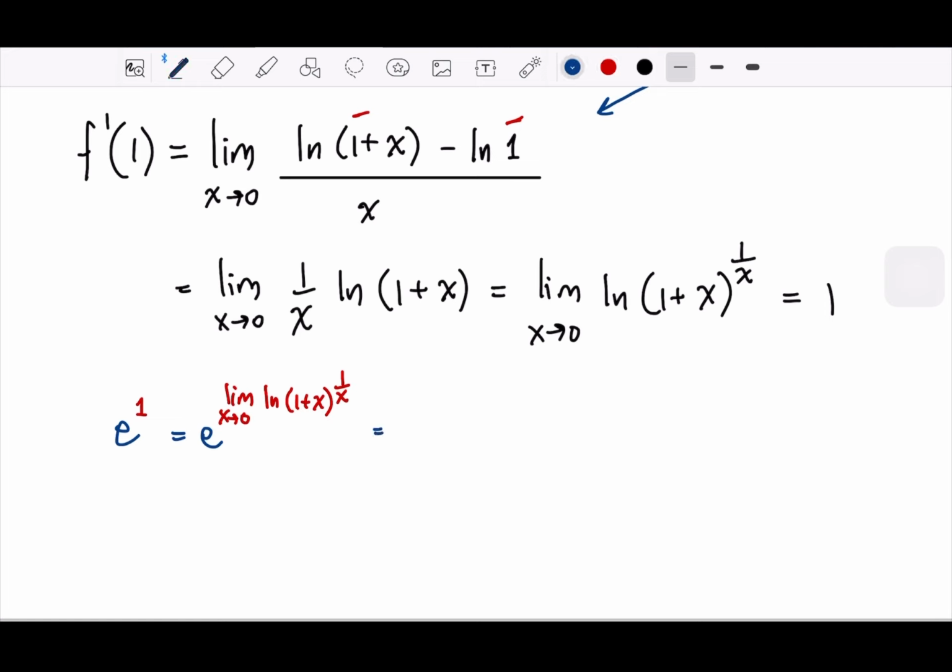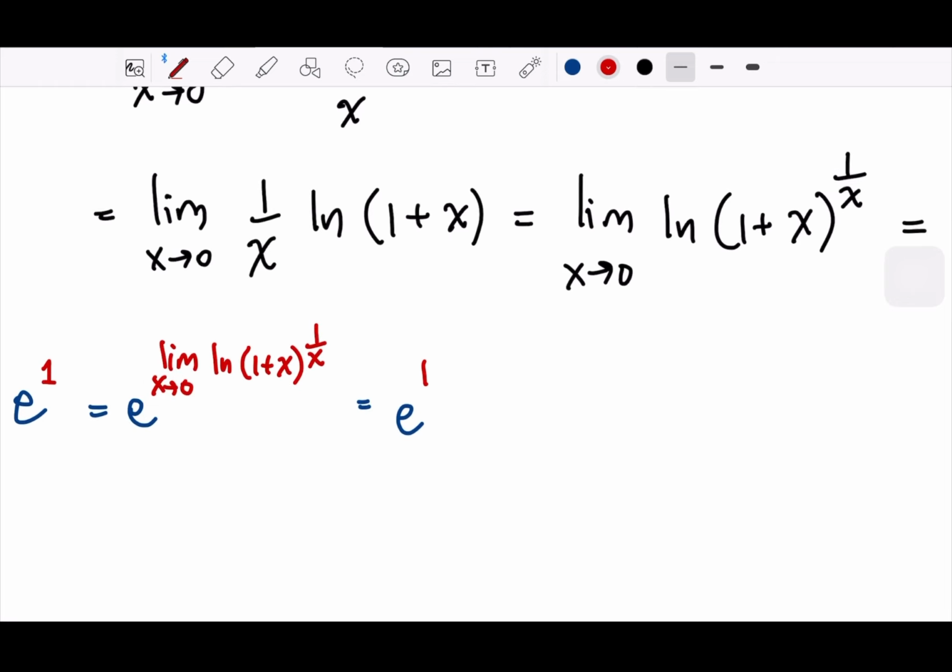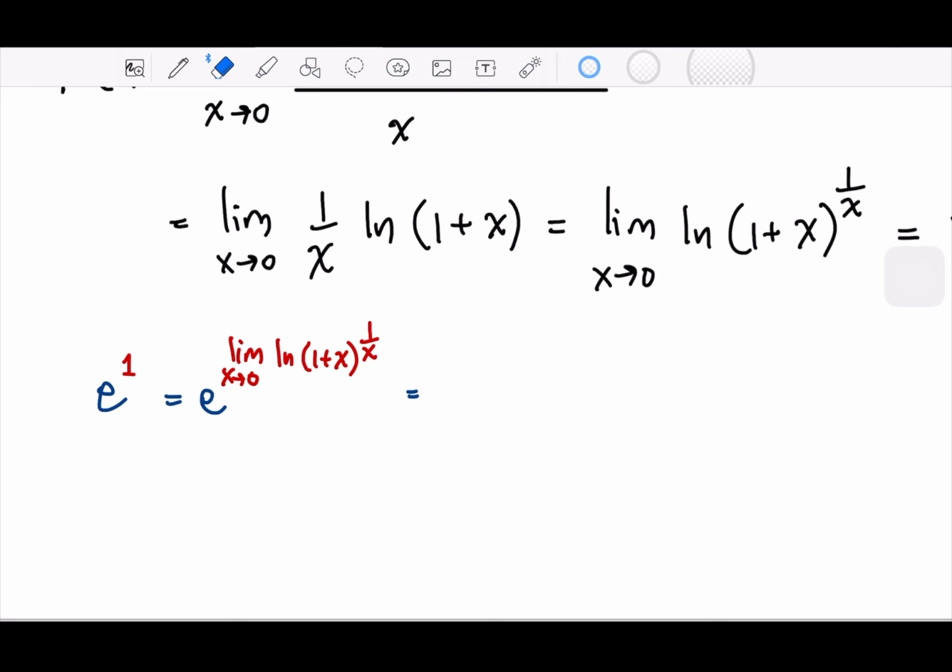For the exponential, this is something you need to pay attention to. Because the exponential is just a constant, when you have this limit with the ln, we can move the limit inside the ln. That's one of the limit properties. Or we could write the limit directly outside here; it's the same thing.